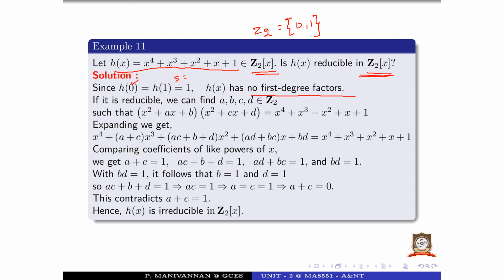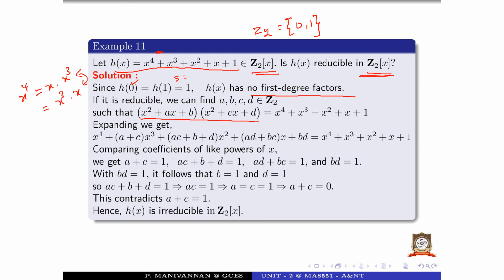If it is reducible, we can find a, b, c, d such that it factors. X power 4 can be rewritten as x into x cubed or x cubed into x.